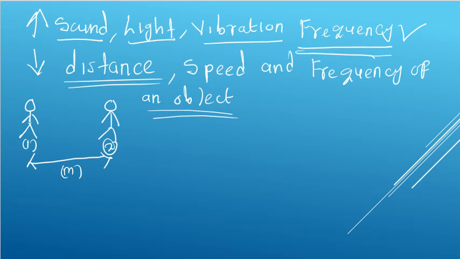But if this guy begins to move in this direction, the distance is decreasing, but what is happening is the frequency of sound. We imagine that this guy is screaming, and this guy is hearing the sound that person 1 is producing.